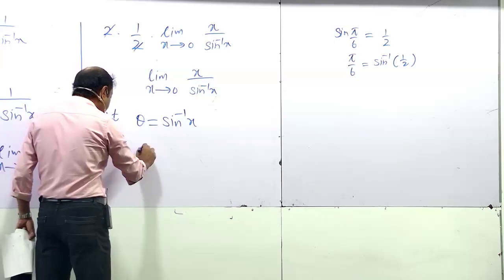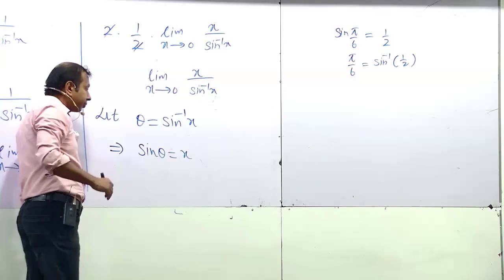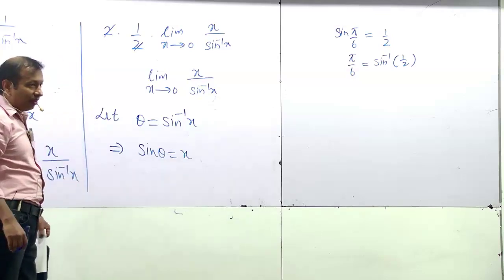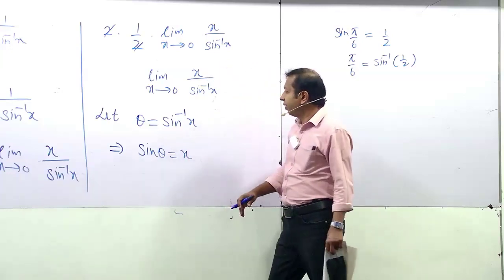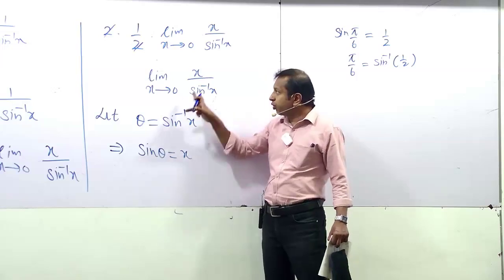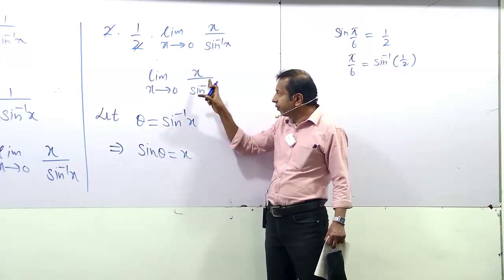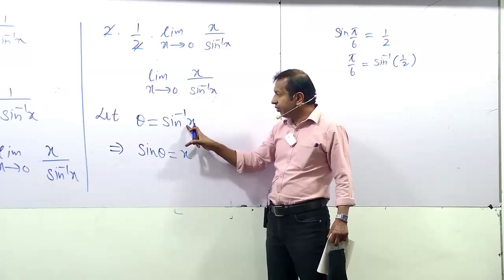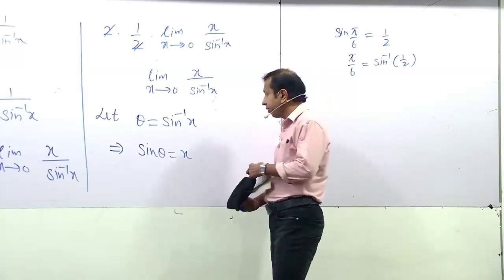This gives us what? Sine theta equals x. Then you can write this how? This x means sine theta, because x is sine theta, no? What is sine inverse x? Sine inverse x is theta. Then we can write it like this.